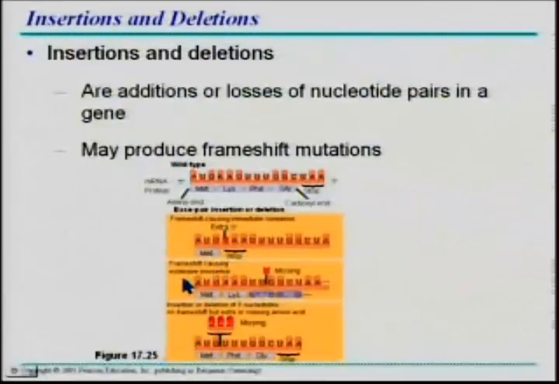Or a frame shift causing an extensive missense. So U is inserted here. Now rather than phenylalanine and glycine, you get leucine and alanine, and if this continued, just about every amino acid would be different in the protein.